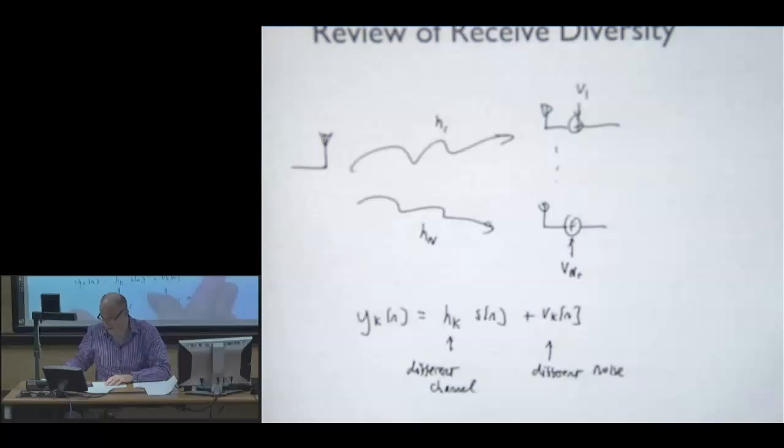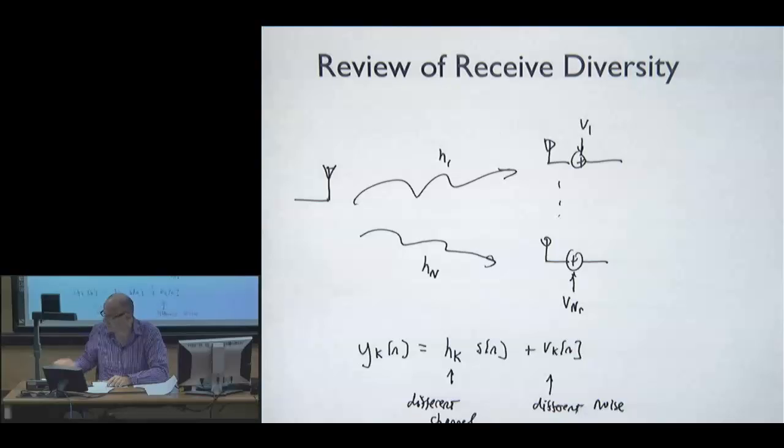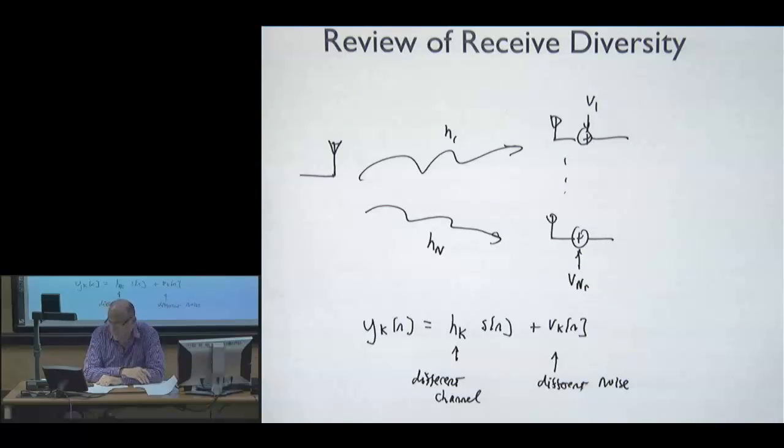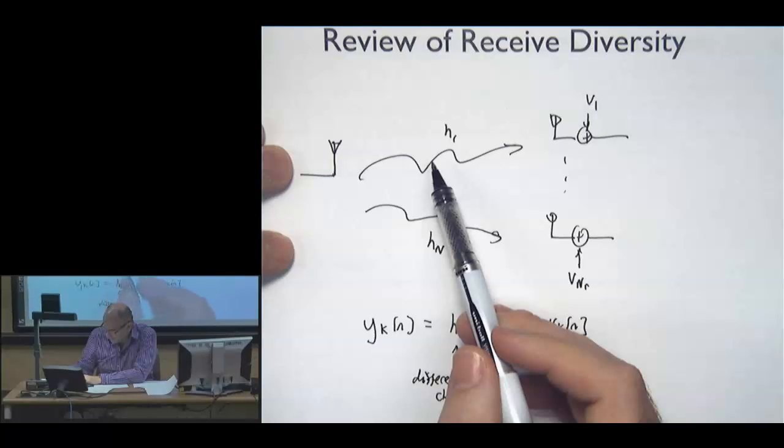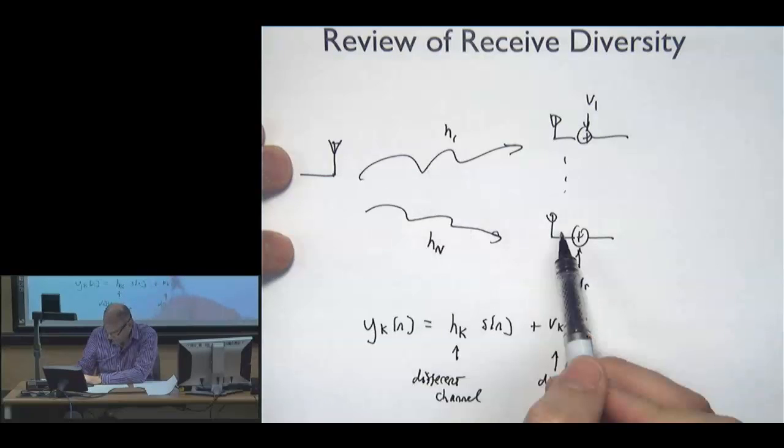To begin, let's look at receive diversity. Just a quick review. First of all, remember that the general purpose of diversity was to combat fading, so that we have multiple different copies of the signal available at the receiver.